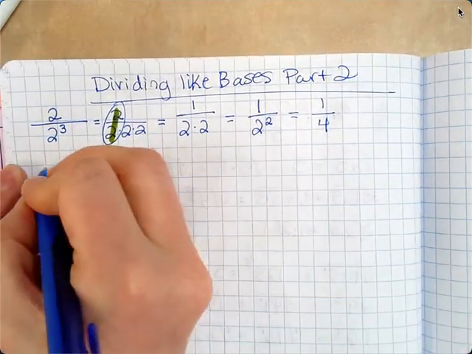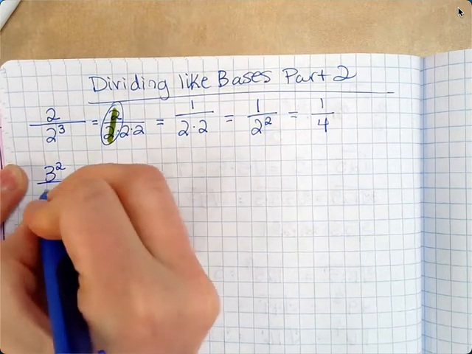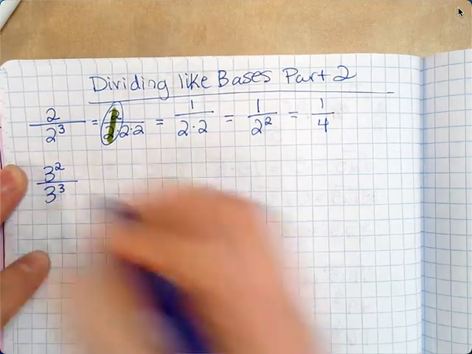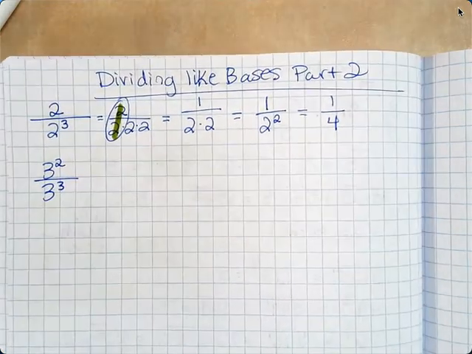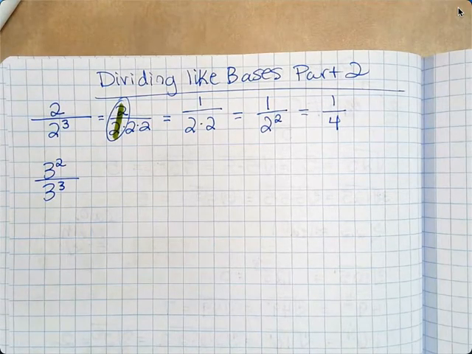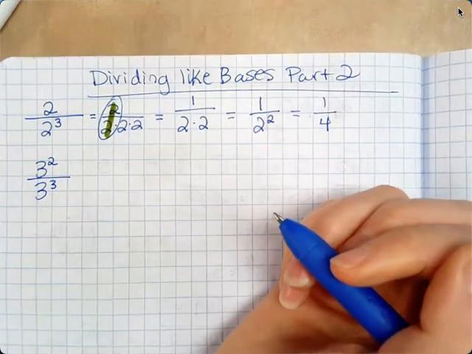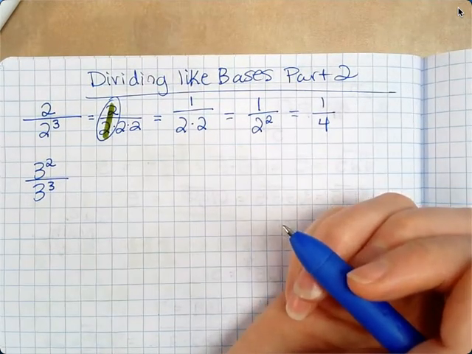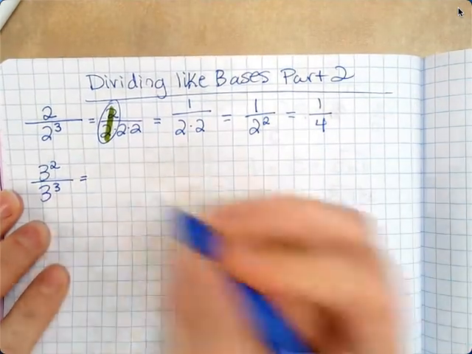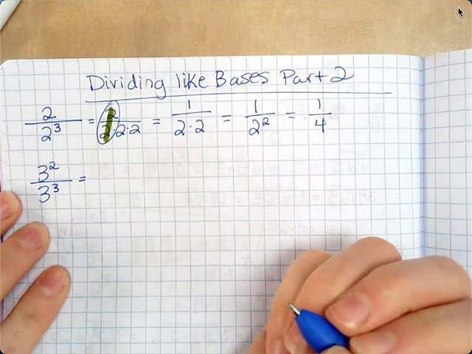Let's look at the next one. 3 squared over 3 cubed. What should we do?